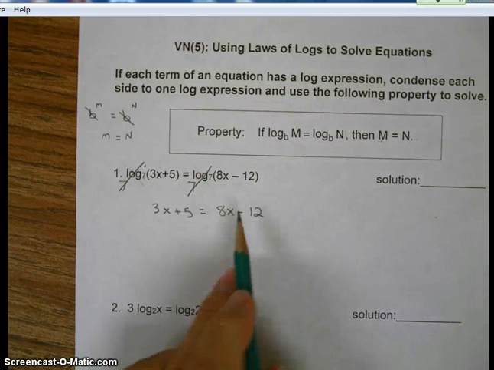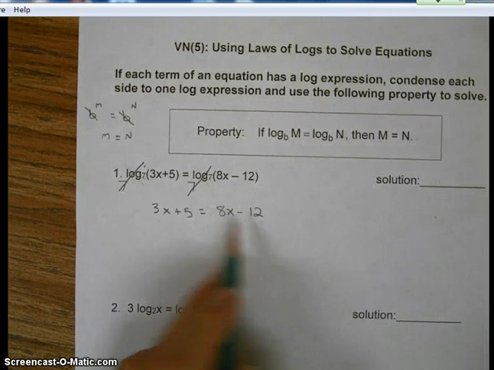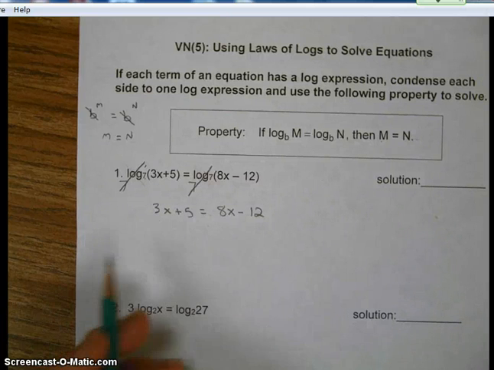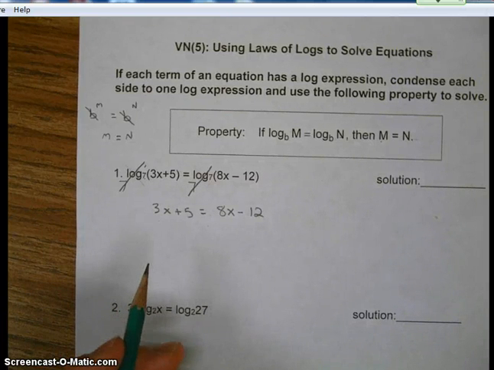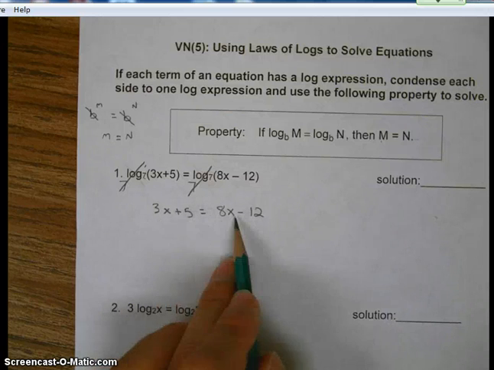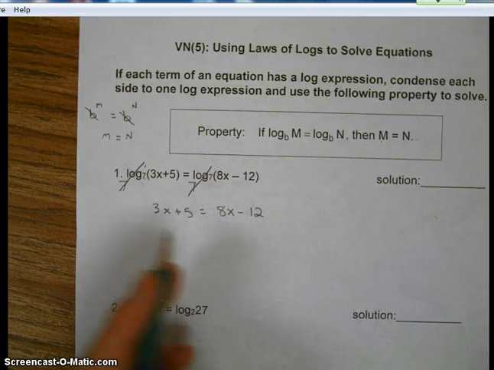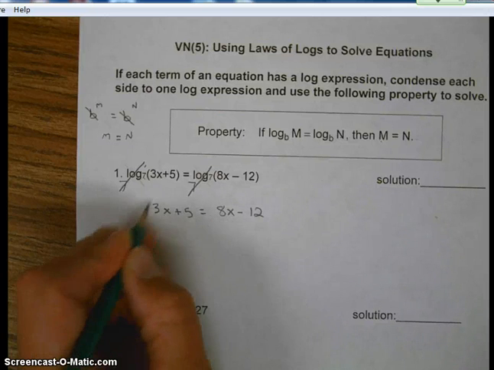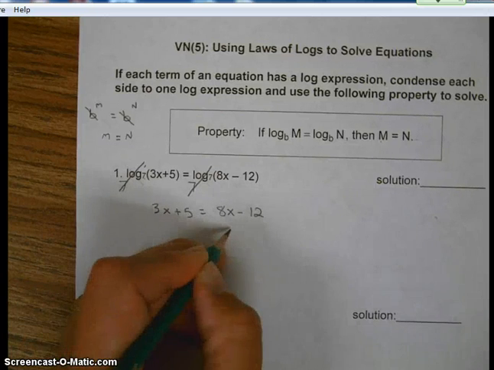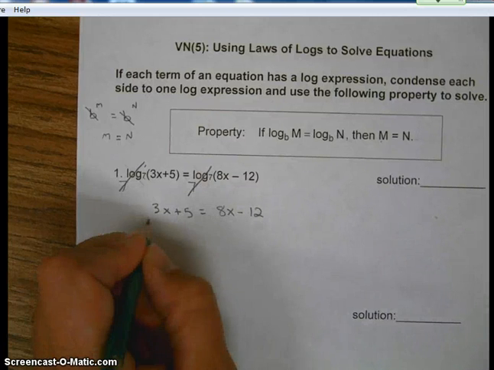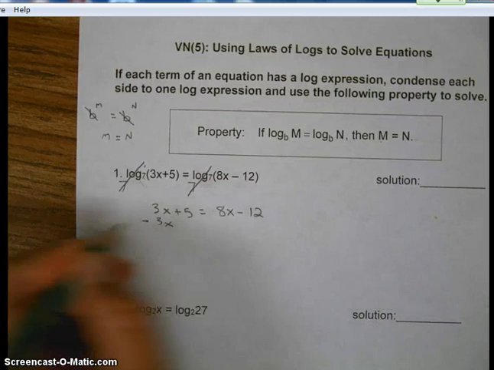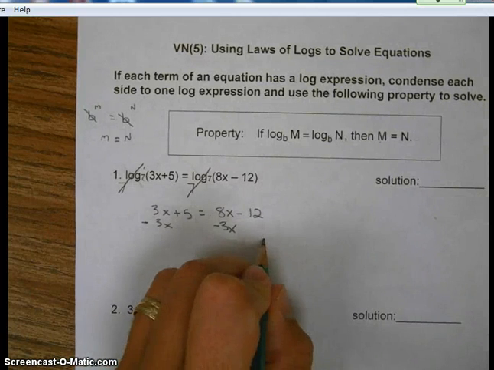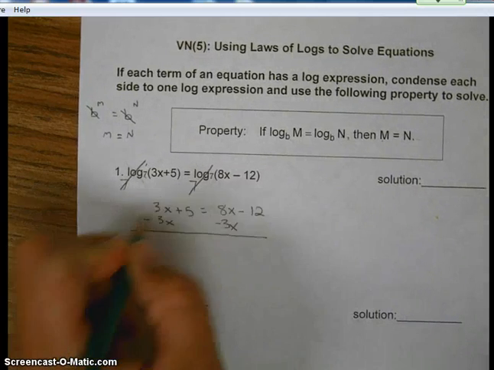Now some of you are still struggling with solving equations like this. Remember that when solving, we want to isolate the x, which means we have to cancel one of these out. I prefer to cancel out the smaller one, and the reason is that it makes x positive much of the time.